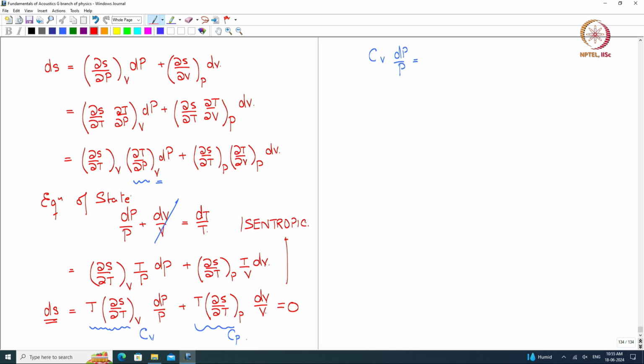Okay, so then what I have is Cv into this term is equal to minus Cp into this term, that's what I'm writing here, is equal to minus Cp into dV by V. Okay, that's because dS has been set to 0.